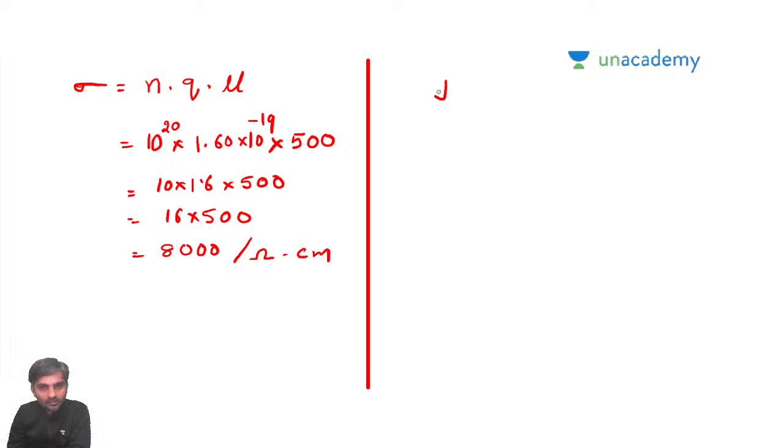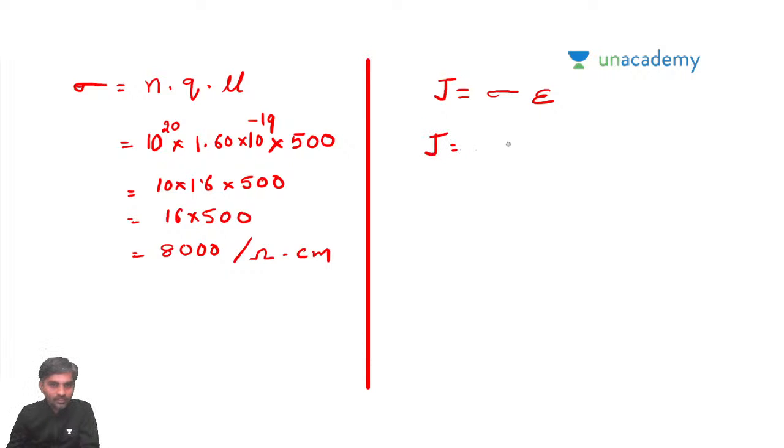J is simply sigma into E. Okay. So how to calculate this? Simply substitute all the values.